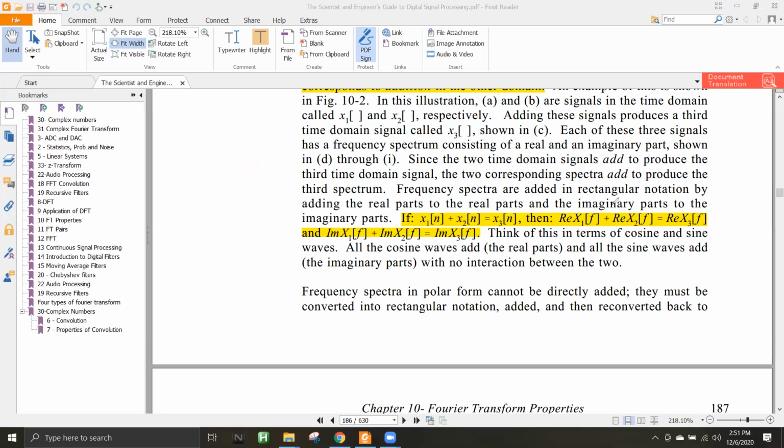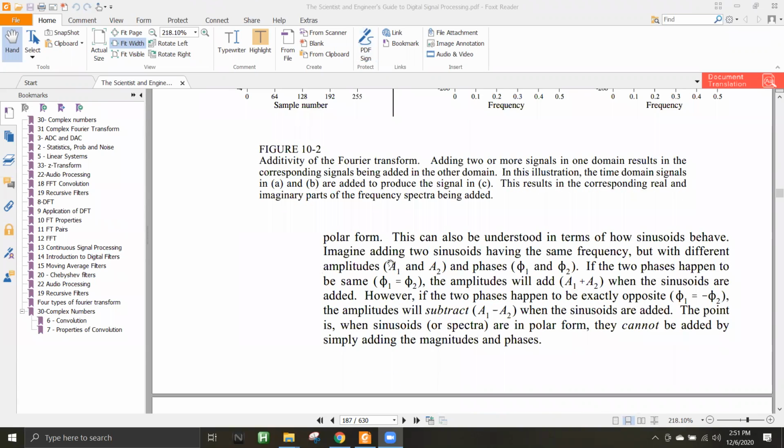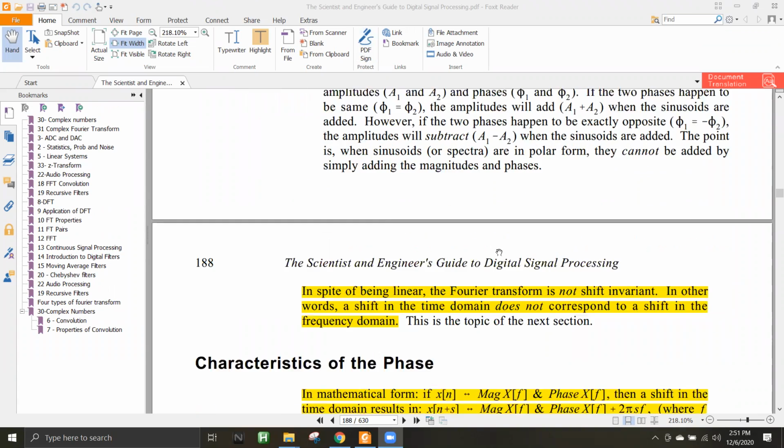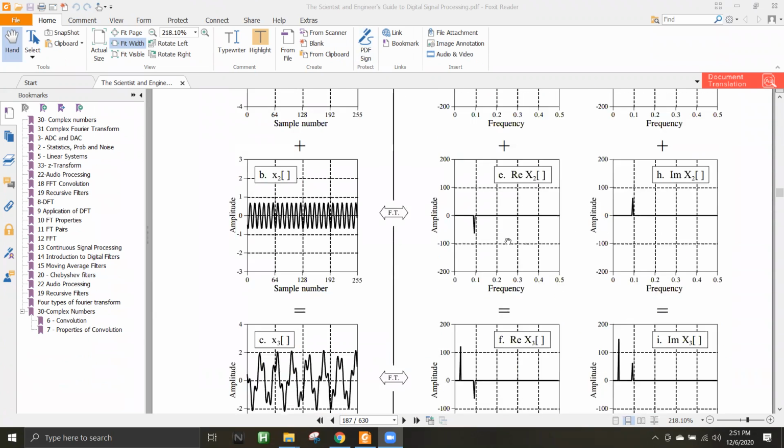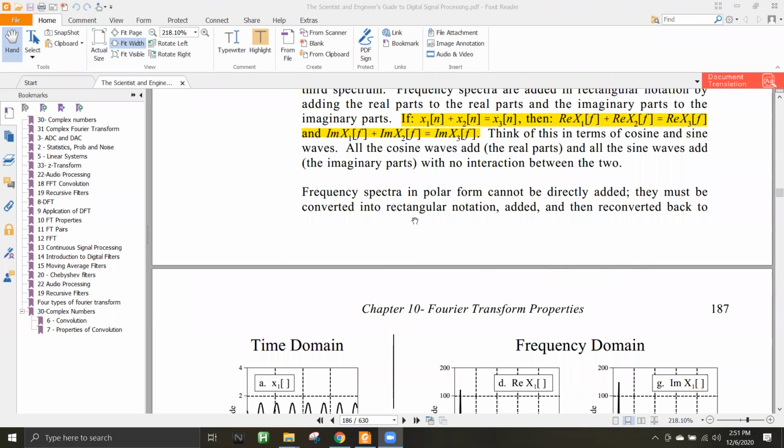So this one is in the rectangular notation. What would happen in the polar notation? In polar form, it cannot be directly added. I forgot to mark this.